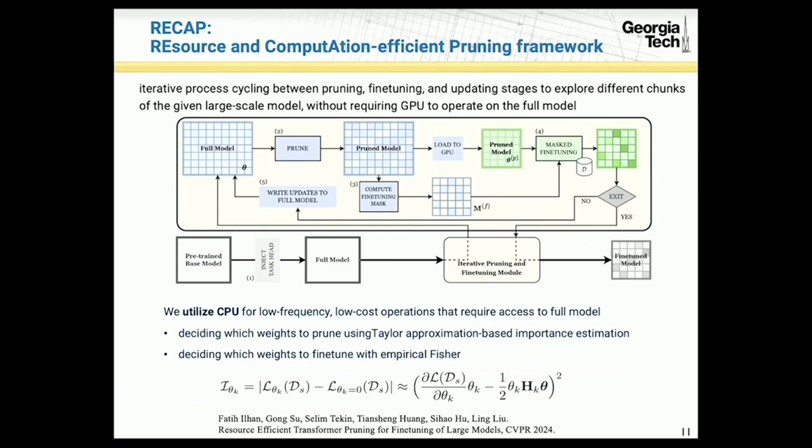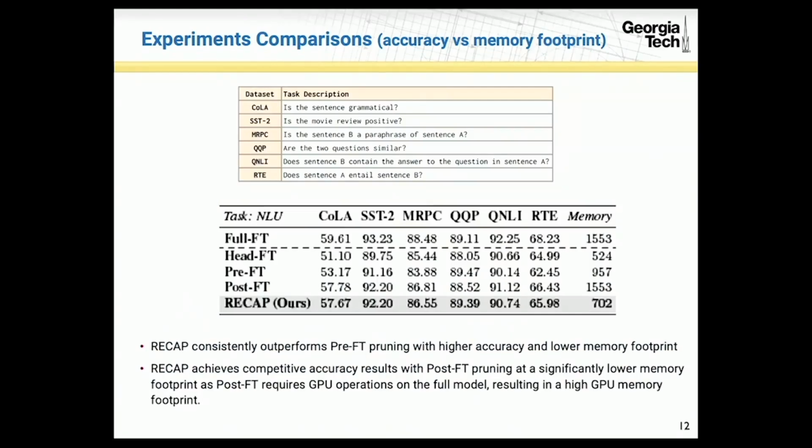And this idea gave us very good results. So we actually ran both language workloads and vision workloads, and compared with the full fine-tuning, using the full model to do fine-tuning, which is the best accuracy, and then with only using a head to do fine-tuning without pruning.